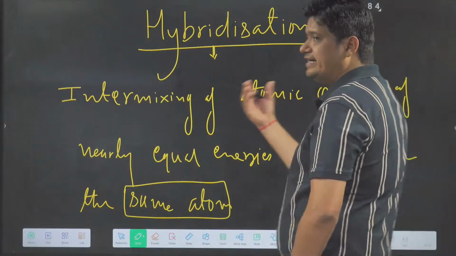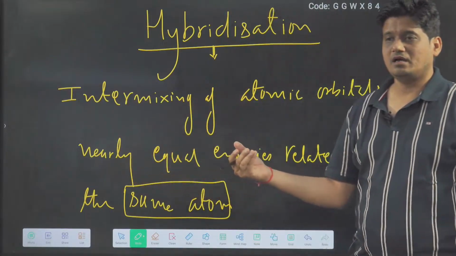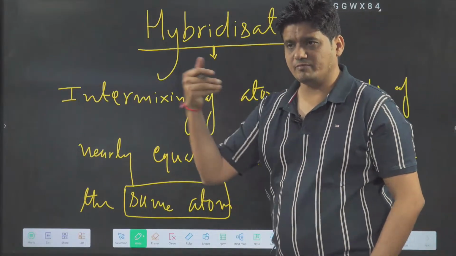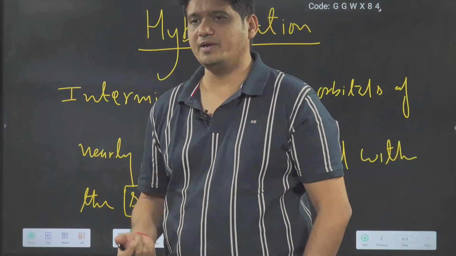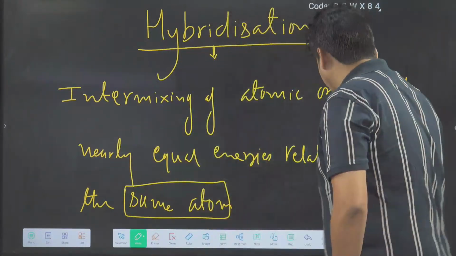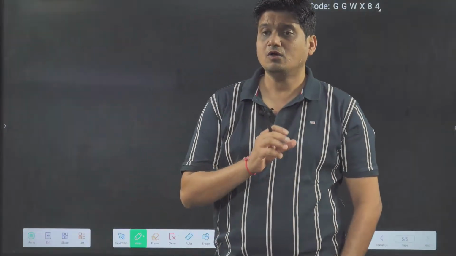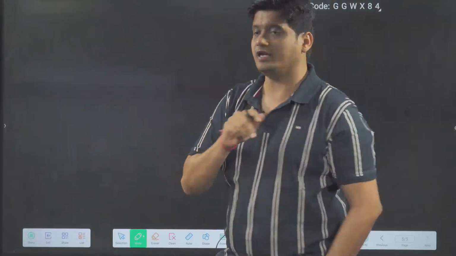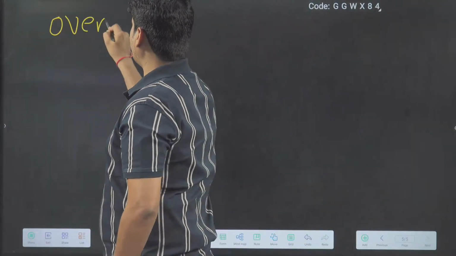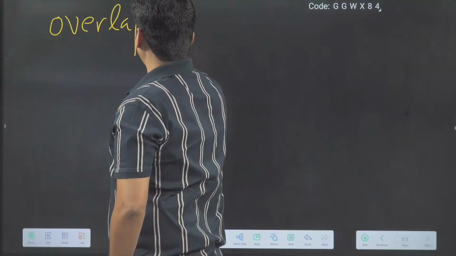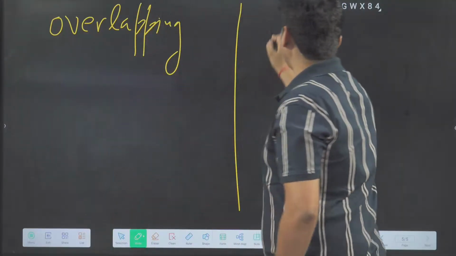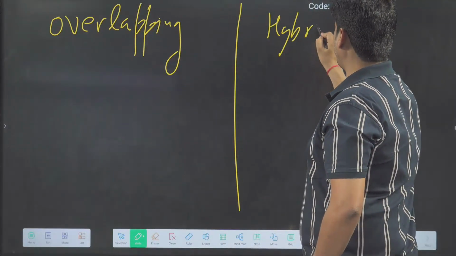So I will go into the detail now. That's why I said I will start from the question, then I will uplift you from the basics. Before going into the detail of hybridization, we need to know the difference between overlapping and hybridization.